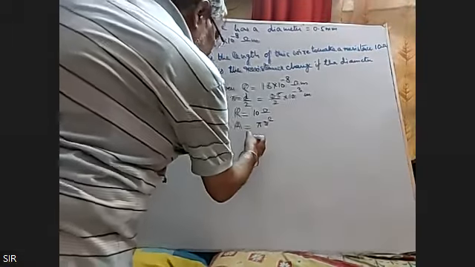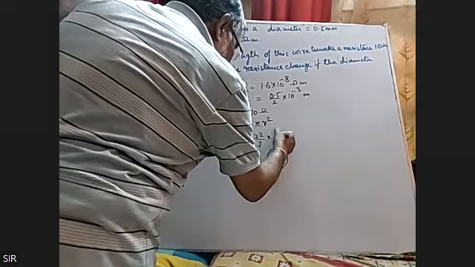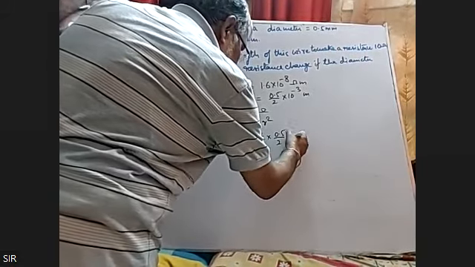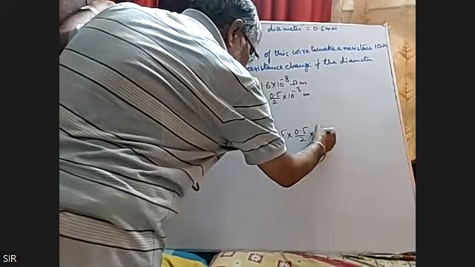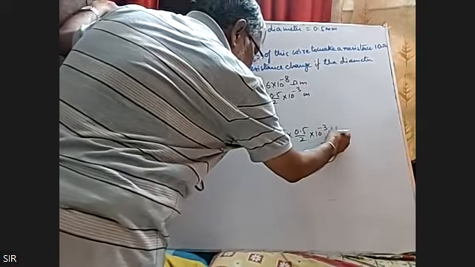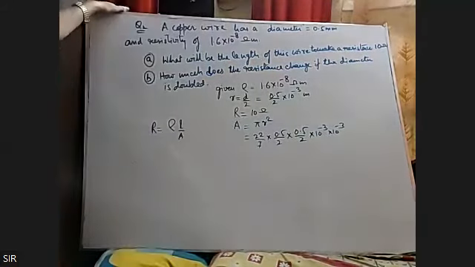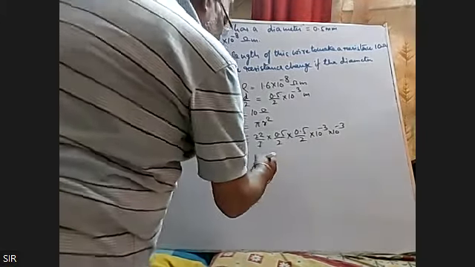So it will be 22 by 7 into 0.5 by 2 into 0.5 by 2 into 10 to the power minus 3 into 10 to the power minus 3. So 5 5s are 25.